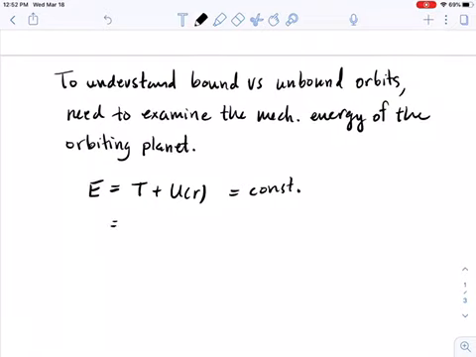The kinetic energy is going to be 1/2 mv squared, of course, and the gravitational potential energy is minus k over r, where I'll write it down one more time just to remind ourselves that k is the gravitational constant times the product of masses.